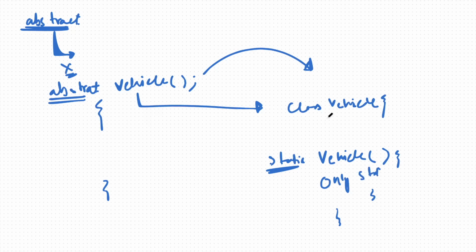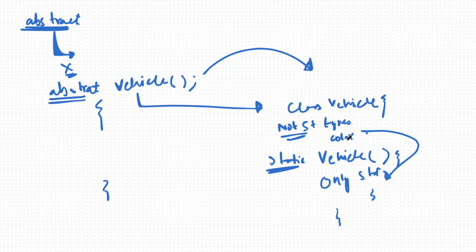What if I have the variables tires and color, and I want to set their values, and these are not static? Do you think this constructor will be able to set the value of tires and color?